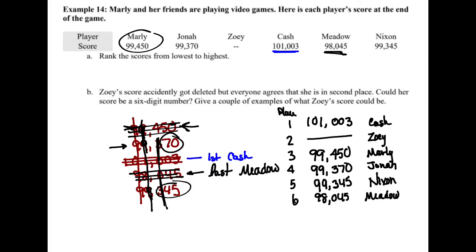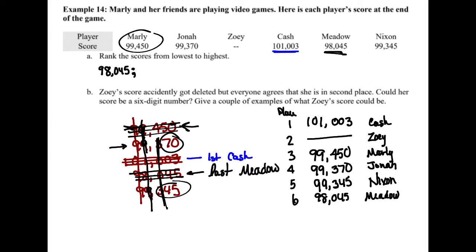Okay, so rank the scores from lowest to highest. Okay, so we're just going to rewrite them in the opposite order. Okay, so 98,045, and I'm going to put semicolons in between.